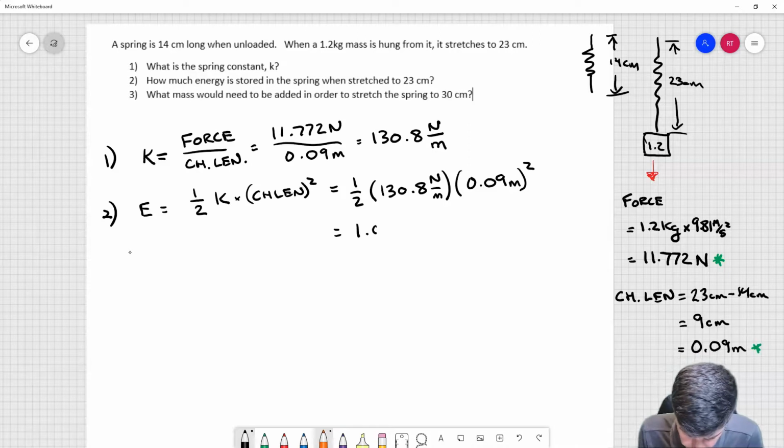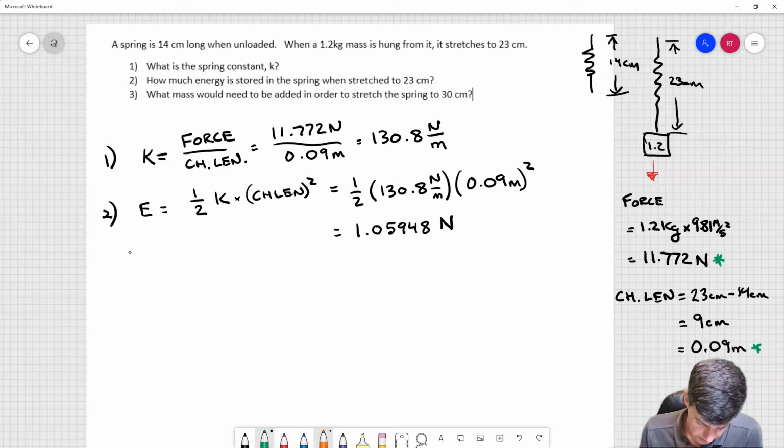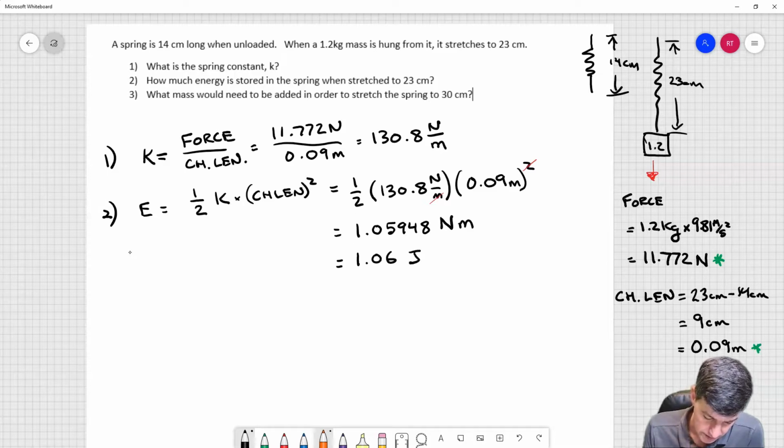And what I get is 1.05948. If I look at the units, I have a newton, my meter on the bottom cancels out with one of my meters on the top, which means I have a meter on top, and that ends up being 1.06. Newton meters is equivalent to a joule.